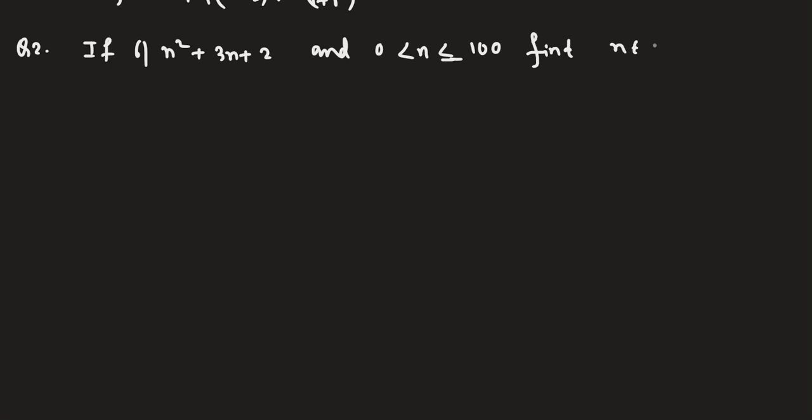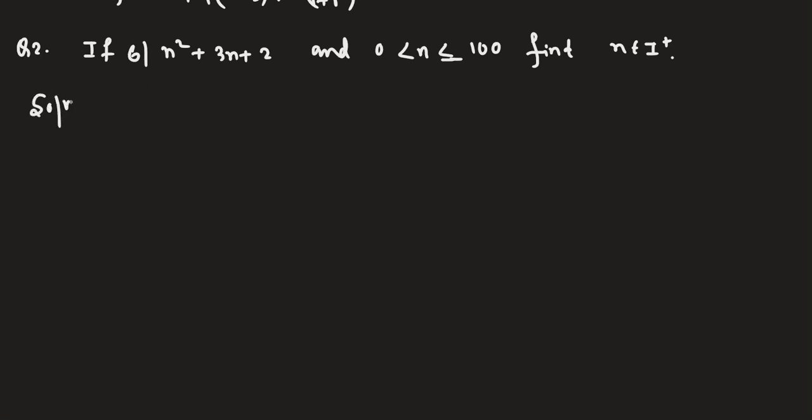Find n belongs to I plus. The question is: if 6 divides this whole expression, and the restriction on n is given as 0 to 100, then what are the values of n?